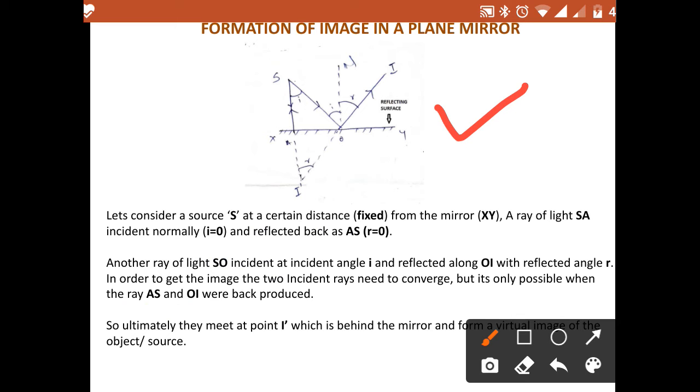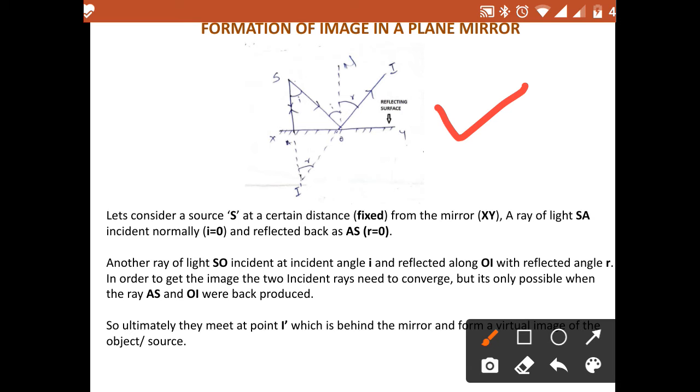Let's consider another ray of light SO, incident at the incident angle i and reflected along OI' with a reflected angle r. So SO is the incident light which is incident obliquely with an incident angle i to the plane mirror.